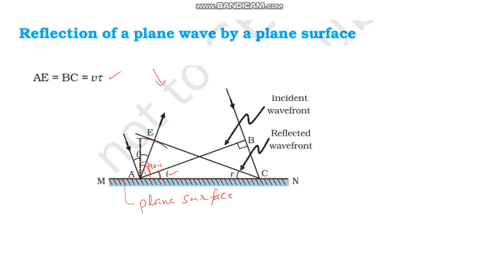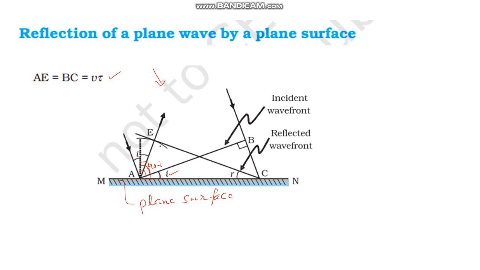We have to see whether this angle I is equal to angle R or not. If angle I is equal to angle R, this tangent will pass through this point. So for the time being, we'll draw the tangent over here to construct the wavefront as mentioned in the Huygens principle.